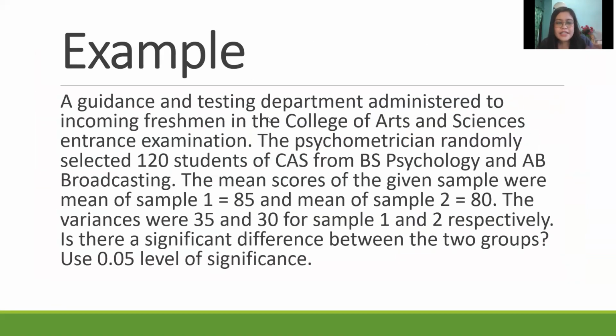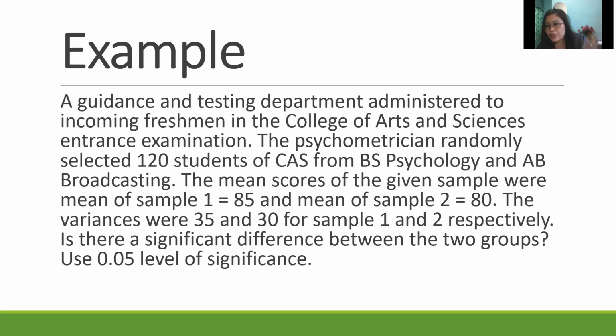Okay, so just like our example last time, na the whole population is the College of Arts and Sciences, and then we have two samples here. The first one is taken from the BS Psychology department, and then the other one is taken from the AB Broadcasting. So dalawang samples, silang dalawa yung i-compare mo.